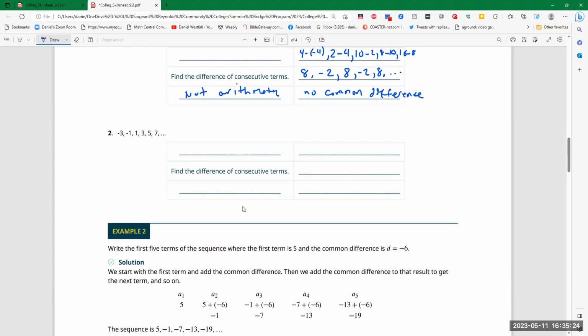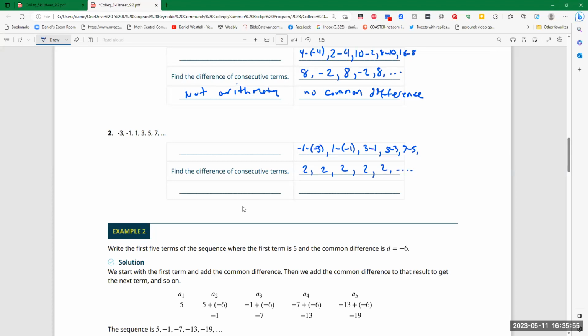So we're going to have negative 1 minus a negative 3, 1 minus a negative 1, 3 minus 1, 5 minus 3, 7 minus 5. So this is going to be negative 1 plus 3 is 2. 1 plus 1 is 2. 3 minus 1 is 2. 5 minus 3 is 2. 7 minus 5 is 2.